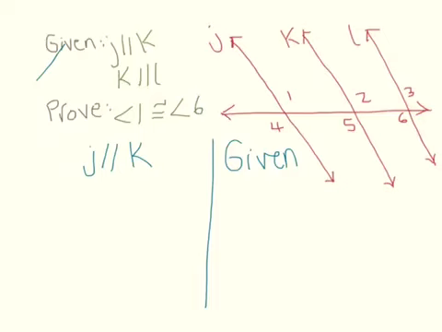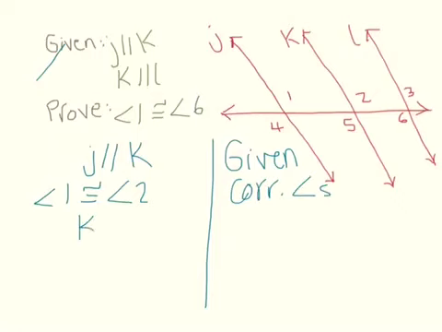We can do 1 and 2 corresponding, 1 and 5, alternate interior. We can do really that proof in many ways. So I'll be starting with 1 and 2 corresponding again.